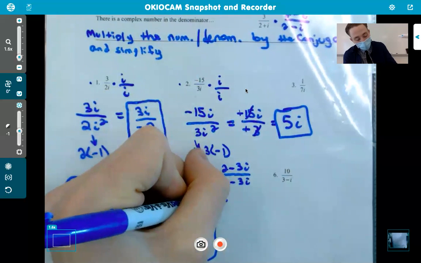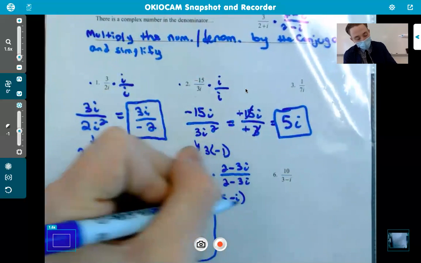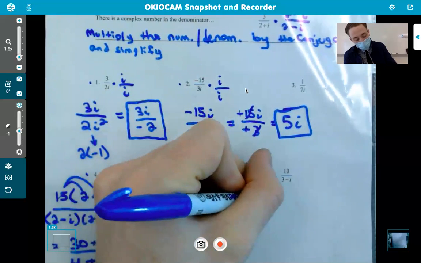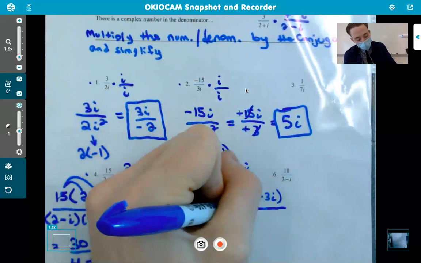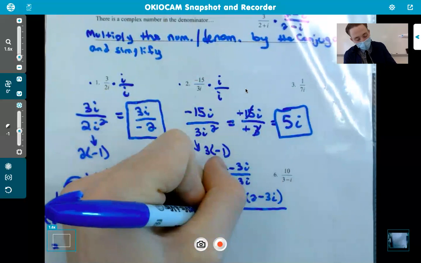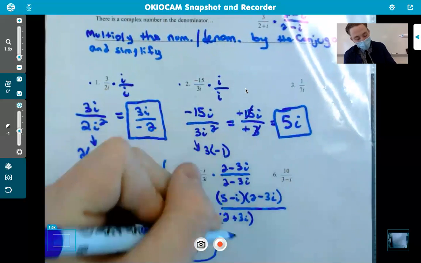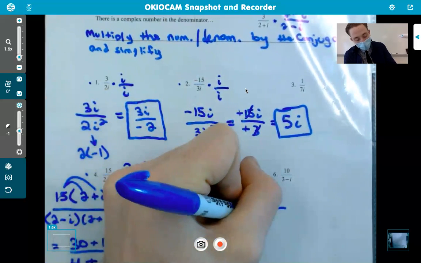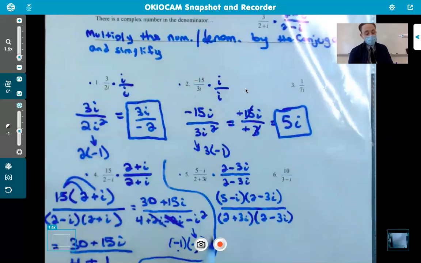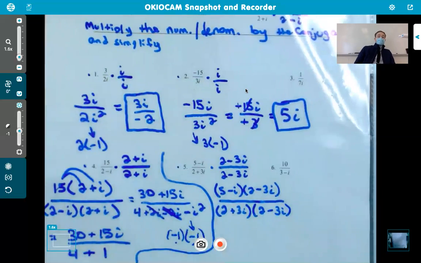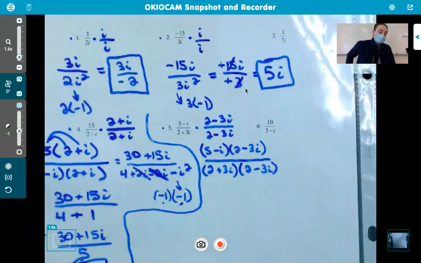Again, my suggestion would be to rewrite the numerator and the denominator, just so you're aware of what you're doing and what operation's taking place. One thing that we should notice as you're copying this down that's a little different is that I have a complex times a complex in the numerator and denominator.